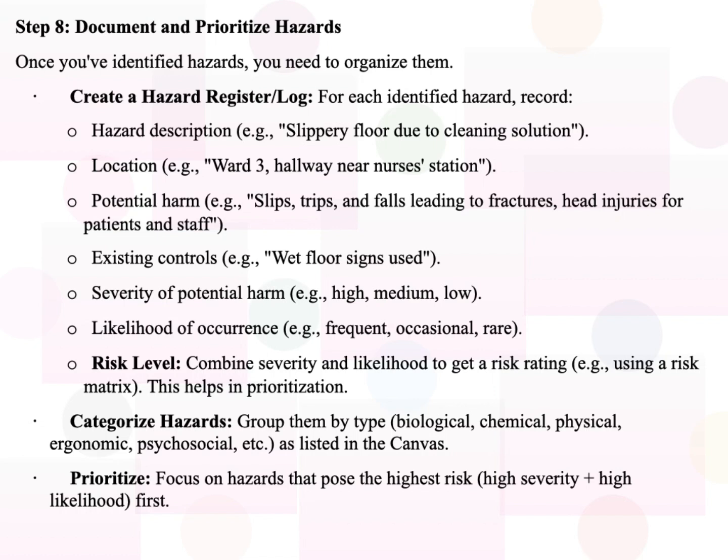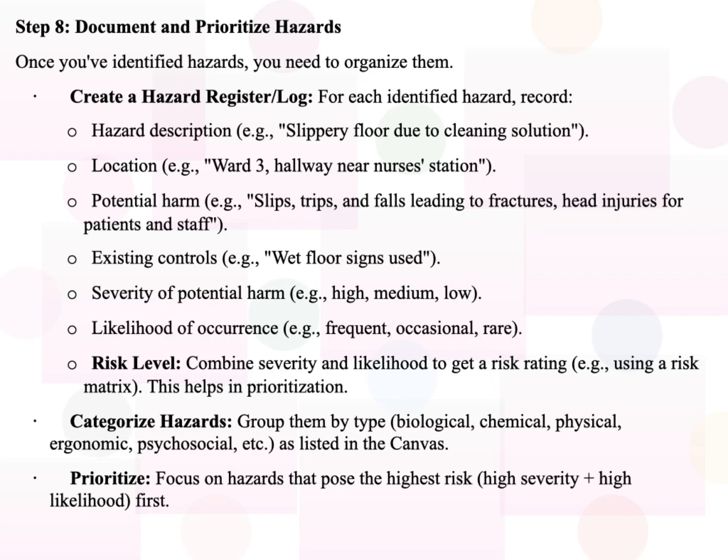Severity of potential harm, that is high, medium, or low. Likelihood of occurrence, that is frequent, occasional, or rare. Risk level combines severity and likelihood to get a risk rating, using a risk matrix.